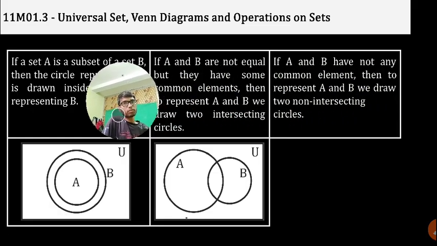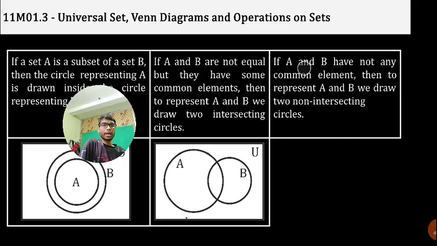If A and B do not have any common elements, then to represent A and B we draw two non-intersecting circles, just this circle and this circle, without any intersection.